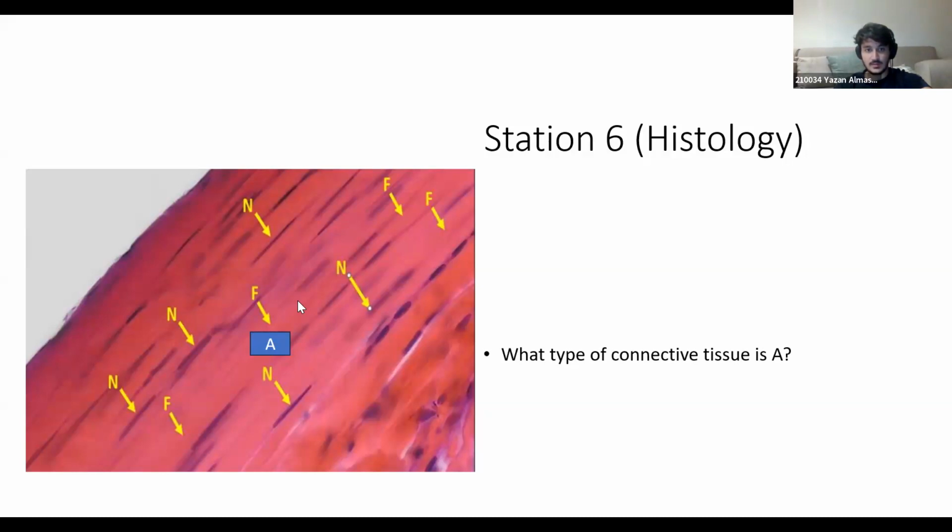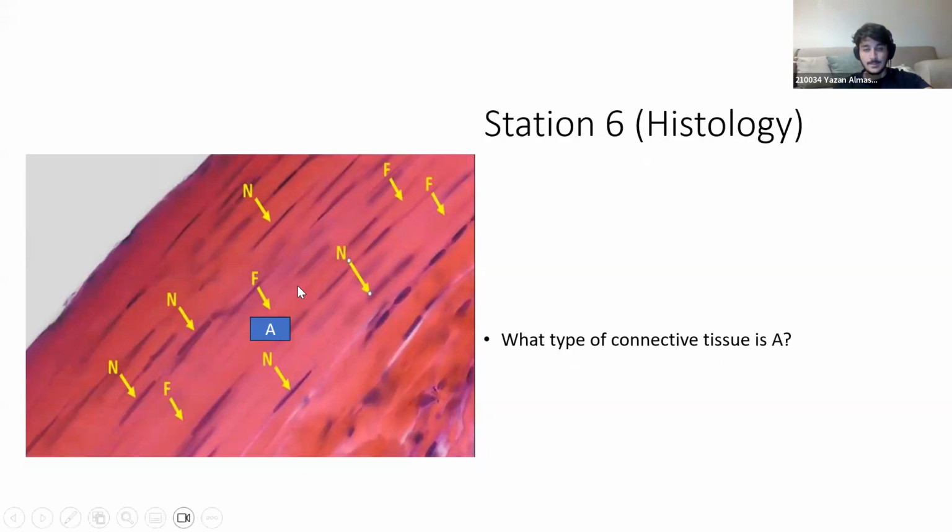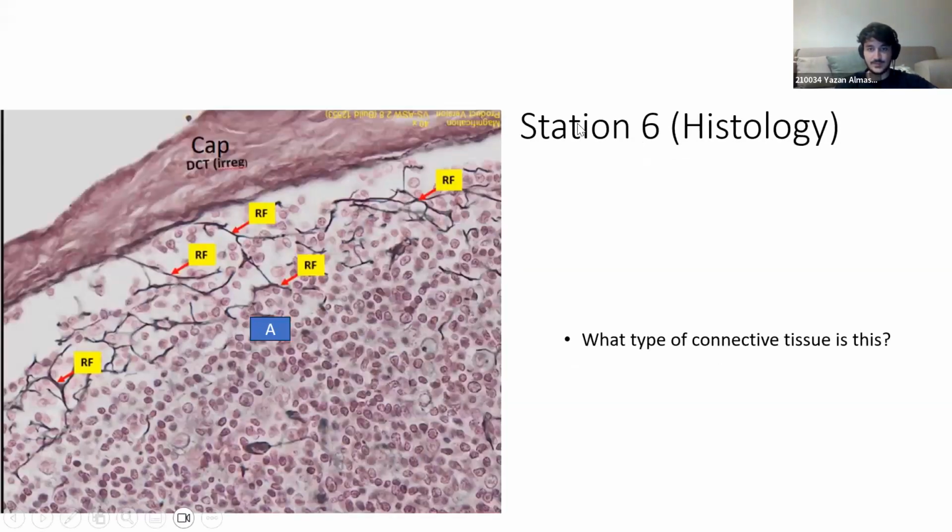Where's the slides? Clear? Okay. So, what is this? Reticular. Yes, that's the answer.